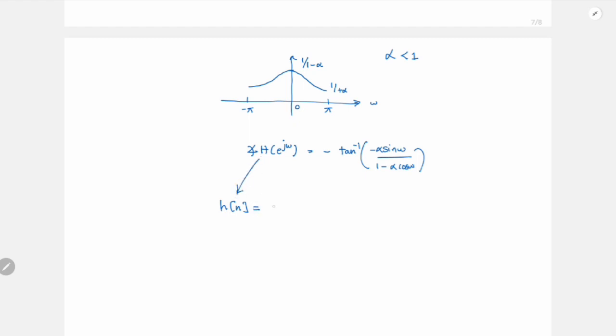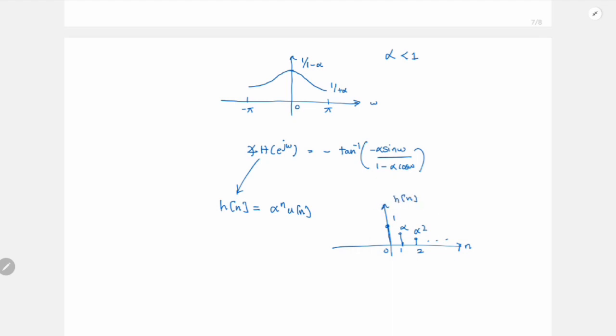So the h of n for this is nothing but alpha power n u of n, right? So this will tell you how it is varying in the time domain. So if you have this 1, alpha, alpha square and so on, this is n.